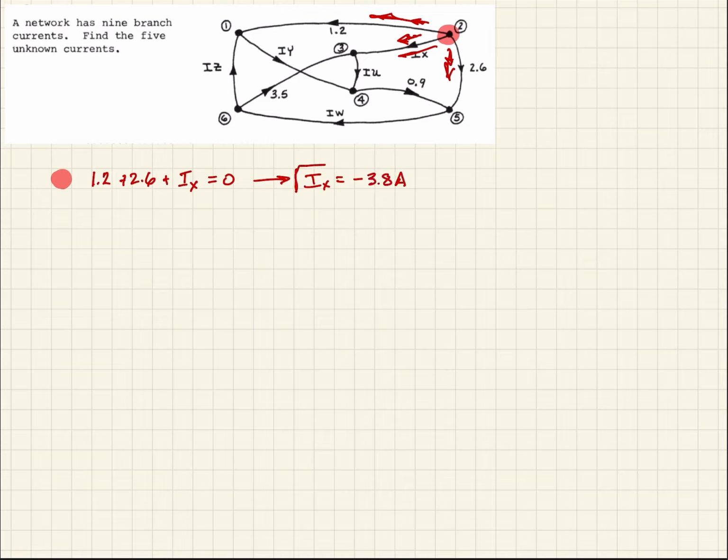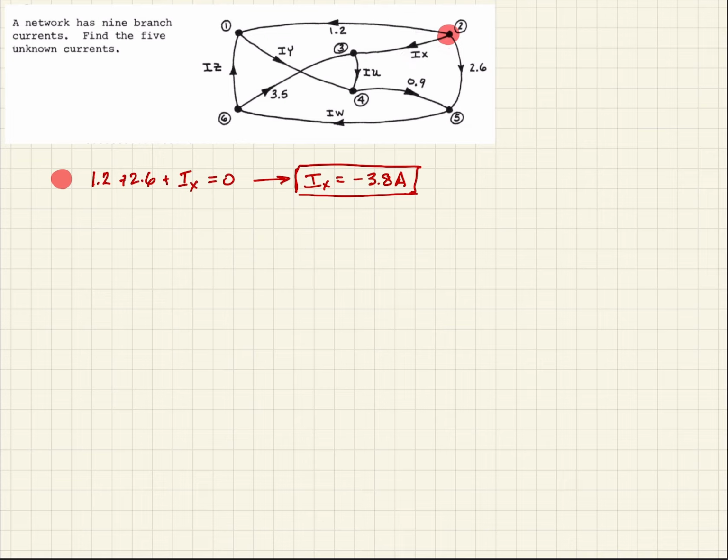Even though we show the current here leaving the node, the negative sign means that it's actually going into the node. So that is our first current that we found, Ix.